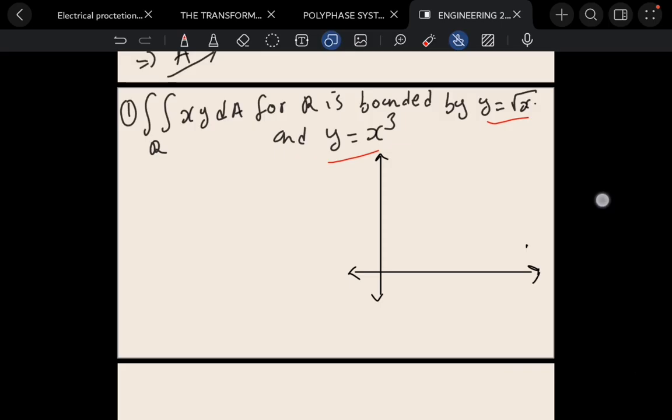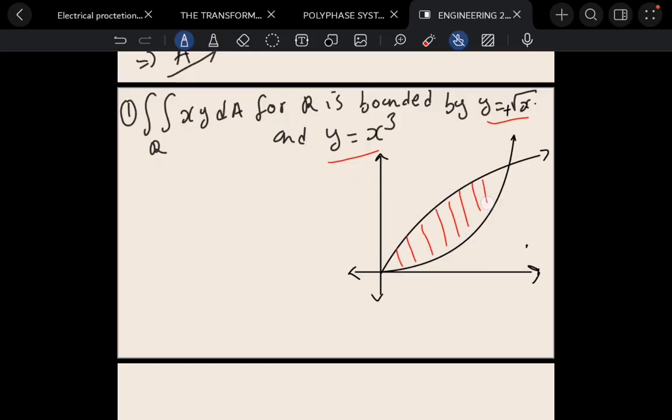Because there is a positive in the square root of x, it means that I am going to have a positive graph like that. And then that is x cubed, and x cubed is a graph in this way. And they intersect at that point. This is your region.